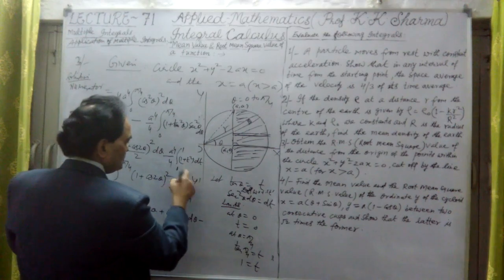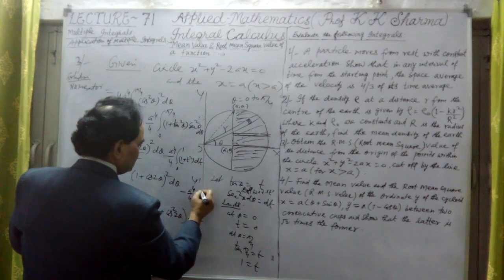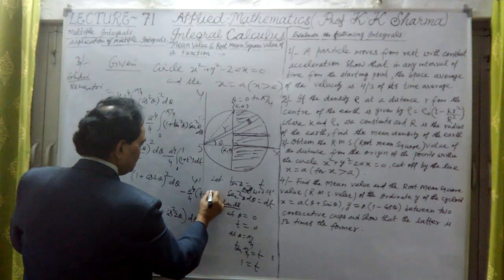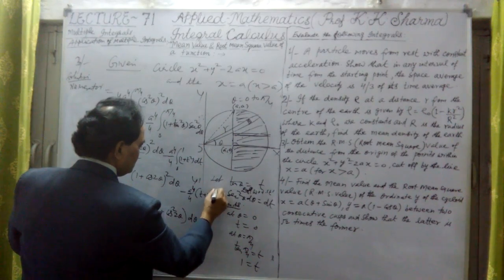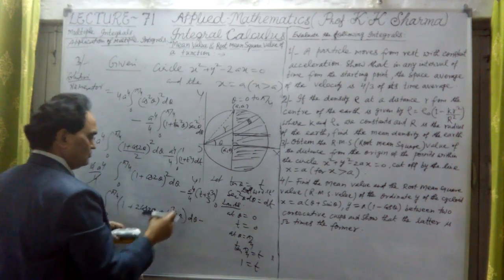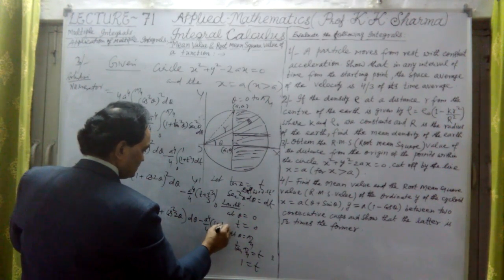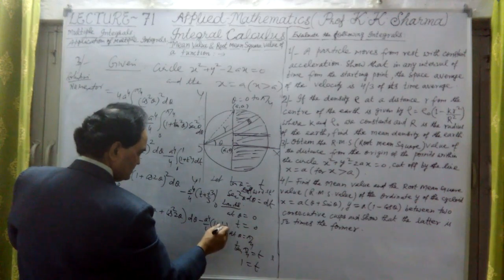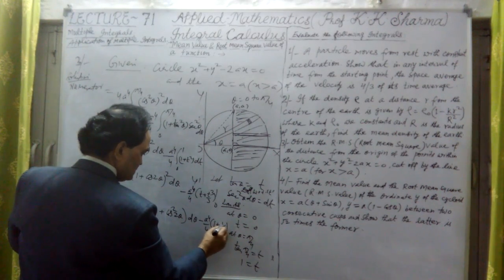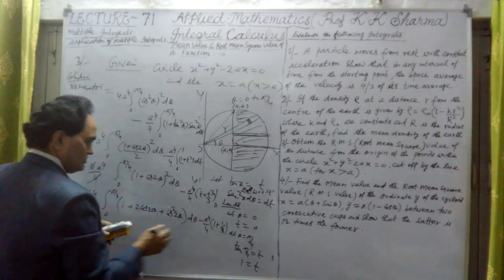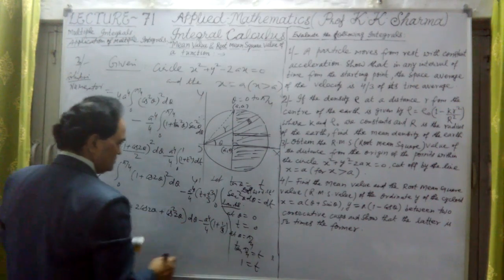This value: 1 means t, that means t plus t cube upon 3, limit 0 to 1, 1 plus 1 upon 3. This is nothing but a^4 upon 4 into (1 plus 1 upon 3). This is the value, so up to this point.